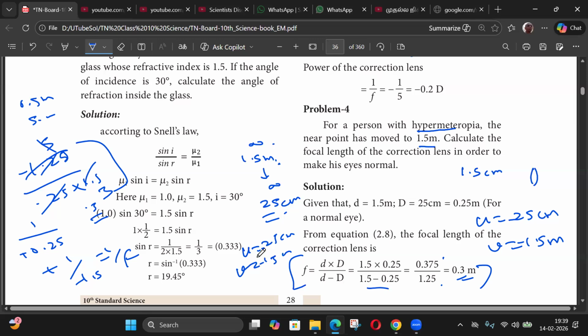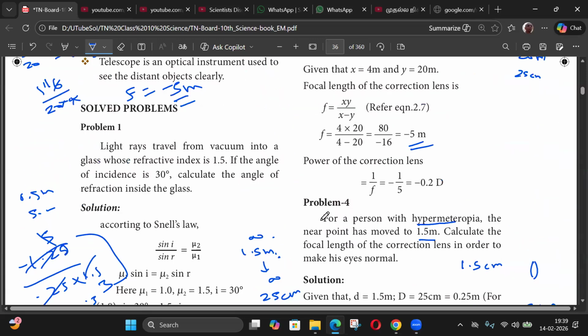U is negative, that's clear. But V is virtual only, so on the left side only. So V is also negative. But the formula will have 1 by minus U. So this is an important problem. This will come.